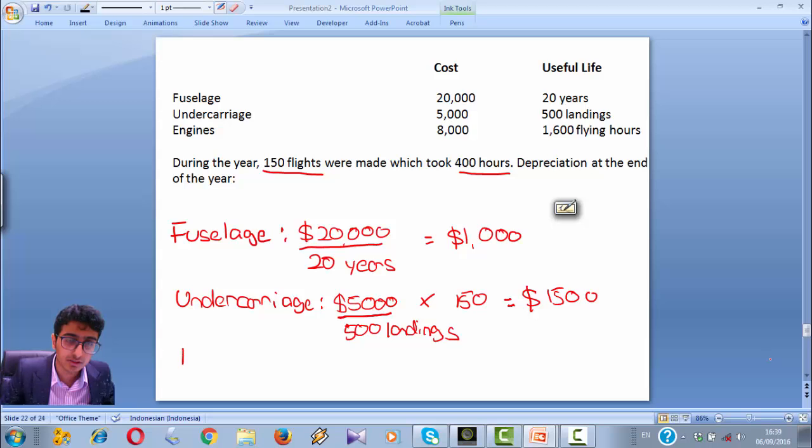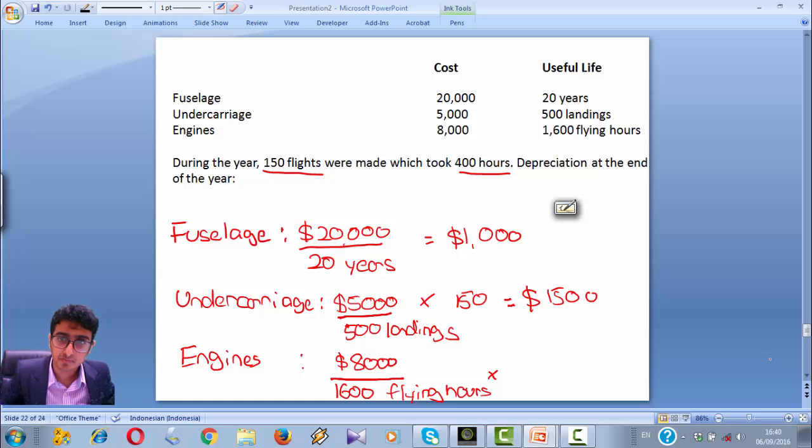Now how about our engines? The cost is $8,000 and it has a useful life of 1,600 flying hours. During the year we used 400 hours.